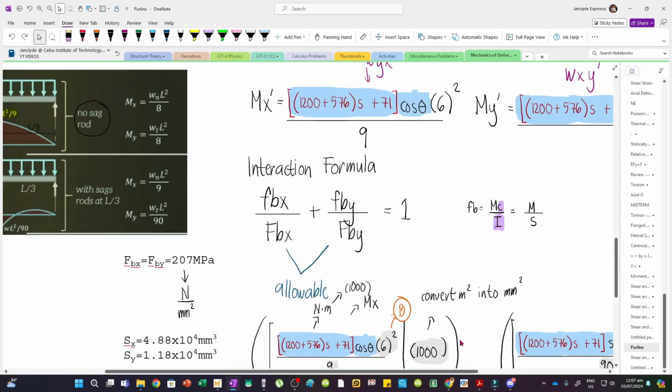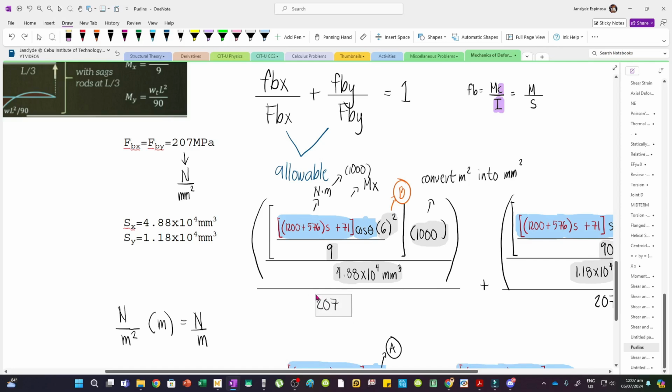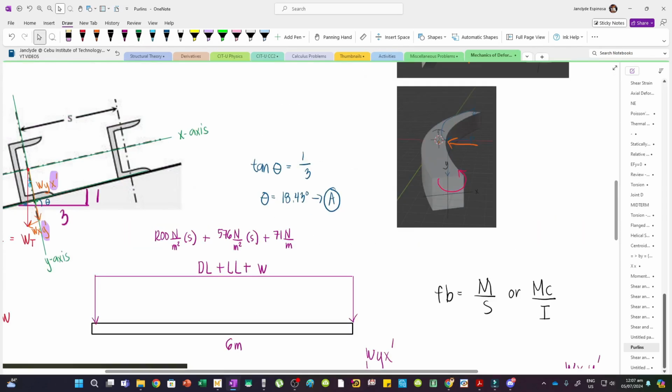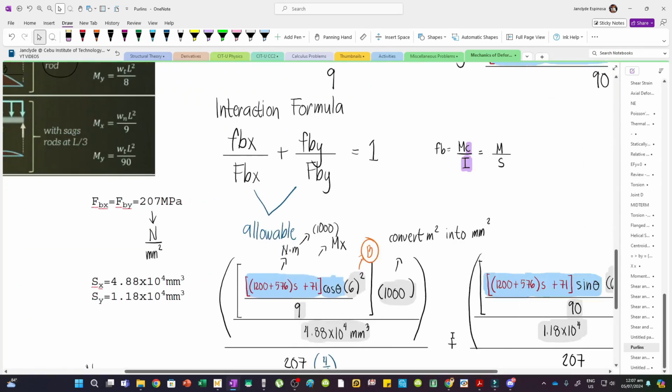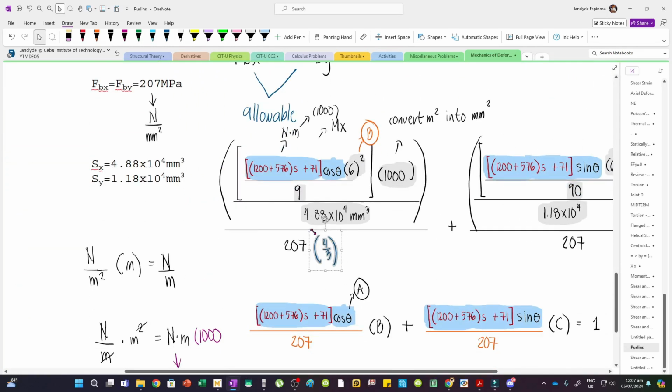Kasi di ba, yung 207 is nasa denominator. And so, if we will multiply this by 4/3, then this is just the same with multiplying the expression by, since this is in the denominator, 3/4 instead. But 3/4 is, di ba, 0.75.